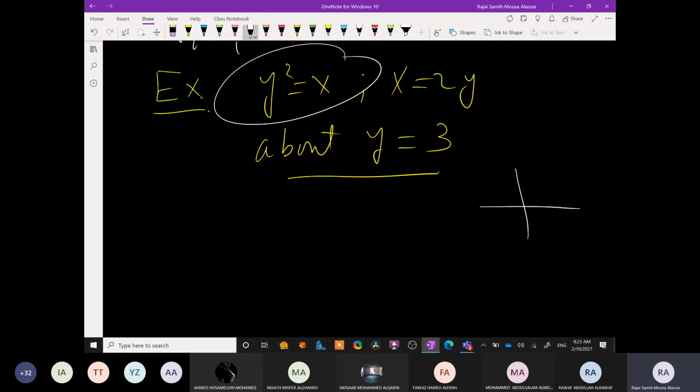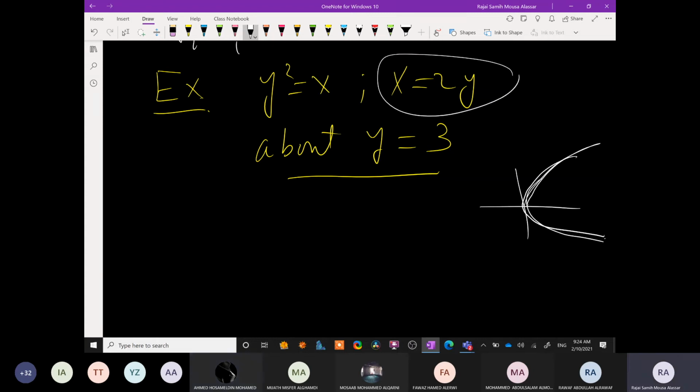What is this? A sideways parabola around the x-axis. Okay, it goes like that, exactly. What is this? A straight line. Does it pass through the origin? Yes. So what are we talking about? We're talking about this region, correct?